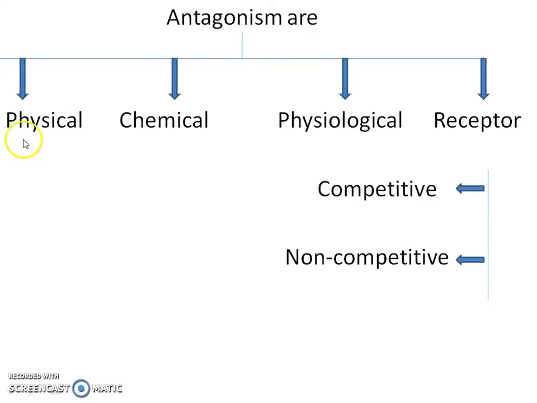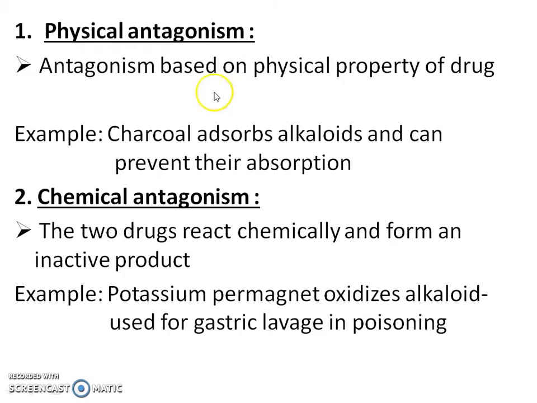Antagonists are classified as physical antagonism, chemical antagonism, physiological antagonism and receptor antagonism. Receptor antagonism includes competitive antagonism and non-competitive antagonism. Physical antagonism includes antagonism based on the physical property of a drug.